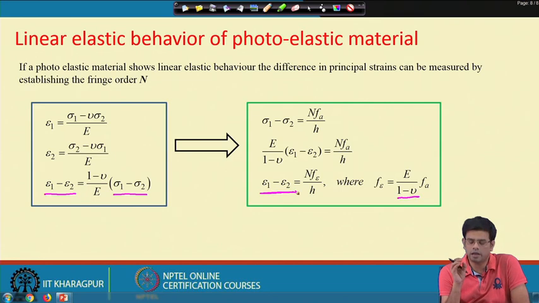So, what are the basic things that we learned here? We learned two important concepts. One is that the stress at a point can be expressed in terms of principal stress, which is a very common argument, because if the orientation of the axes coincides with the principal stress directions, then the resultant stress, or the traction vector, we can also express in terms of these principal stresses through Cauchy's law.